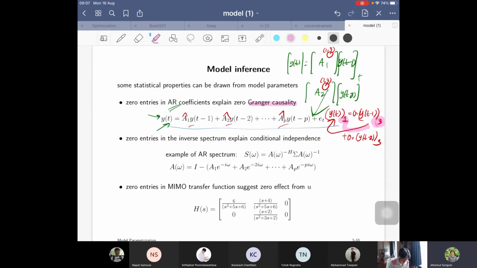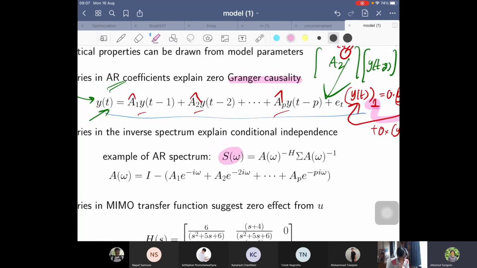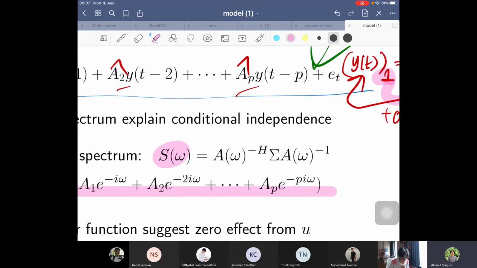In the second example, this is from a statistics point of view as well. When you have a random process and you have a spectral density matrix S, in this example it's a spectrum from an AR process, which means that the spectrum can be represented with some model parameters of the AR process.